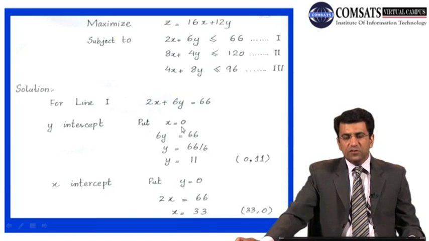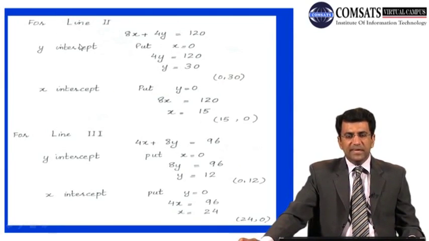If we put x = 0, we get y = 11. If we put y = 0, we get x = 33. So we get 2 points, that is (0, 11), the y-intercept, and (33, 0), the x-intercept. These are the points for equation 1.